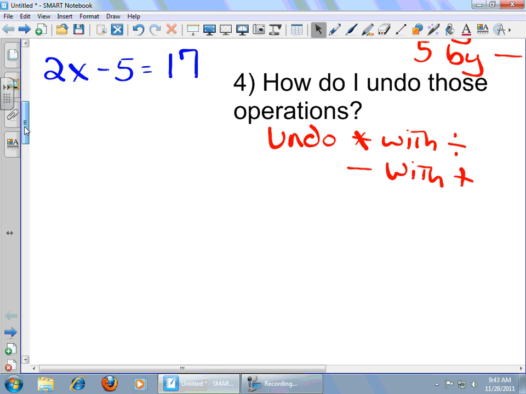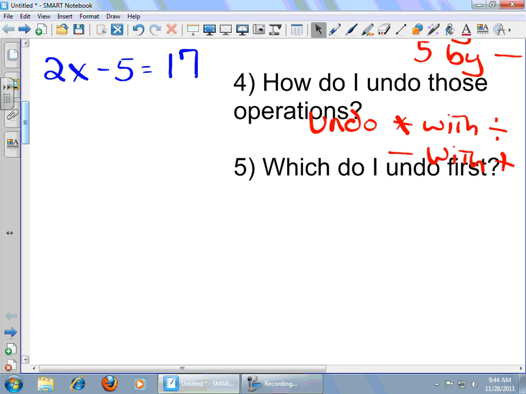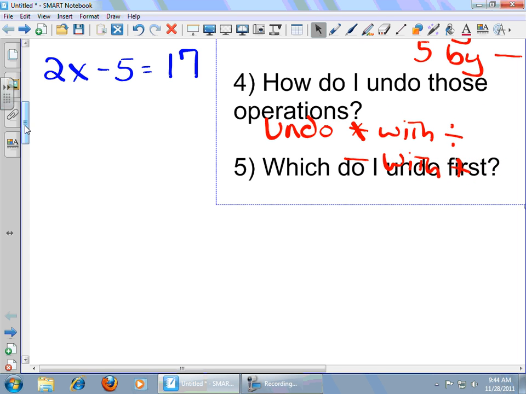How do I undo those? And now I need to know which of these I undo first.